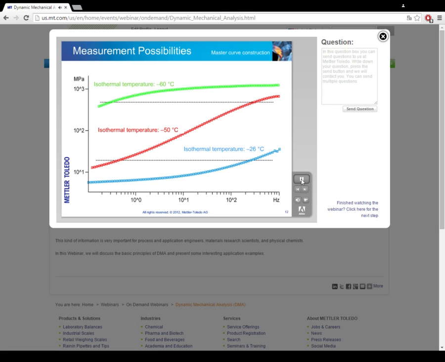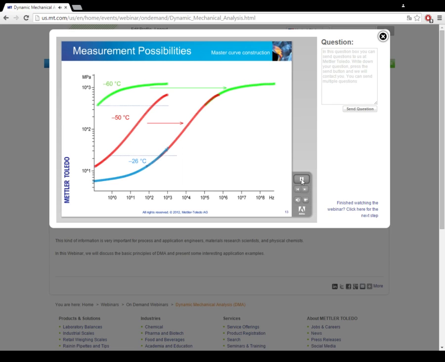The first step in master curve construction is to perform several frequency scans at different isothermal temperatures, in the example shown here at -60, -50, and -26 degrees Celsius. This slide shows how master curves are constructed.